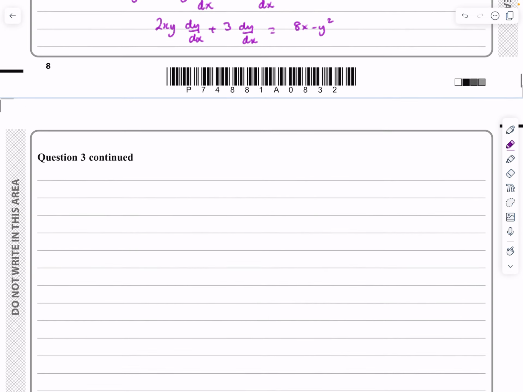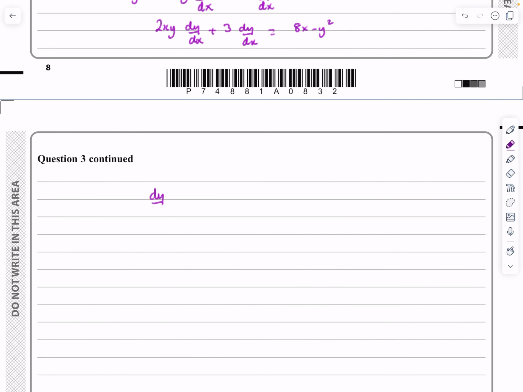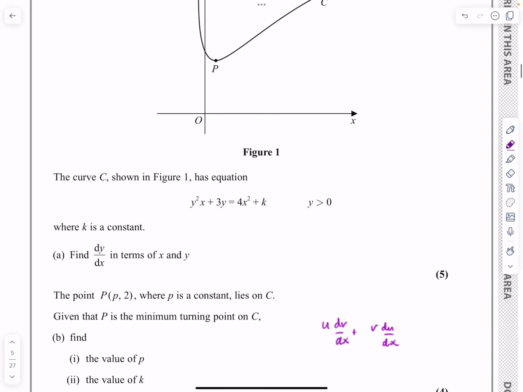Let's factorize and take dy by dx out as a factor, which gives me dy by dx times 2xy plus 3 equal to 8x minus y squared, and so dy by dx is equal to 8x minus y squared, all divided by 2xy plus 3. So if we go back, part A said just can we find dy by dx. So yeah, we managed to do that.